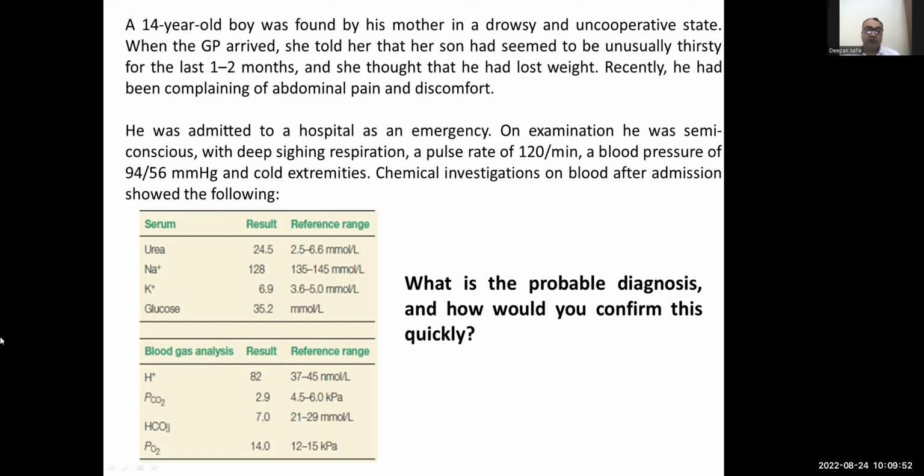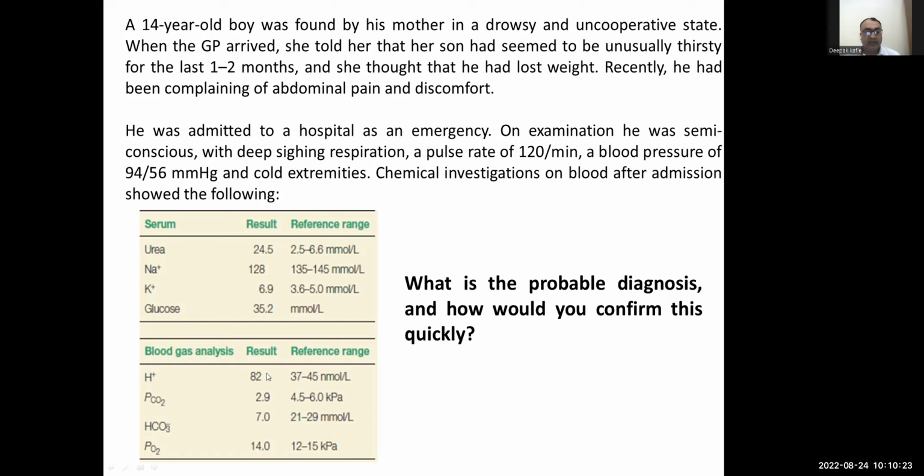On examination, he was semi-conscious with deep sighing respiration, a pulse rate of 120 per minute, a blood pressure of 94 over 56 mmHg, and cold extremities. Chemical investigations on the blood after admission showed the following results. Urea is 24.5, sodium 128 millimole per liter, potassium 6.9, glucose 35.2.